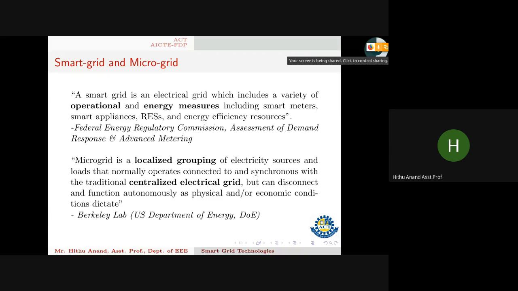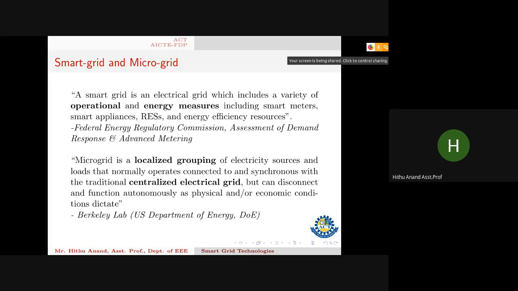So when we compare the smart grid and microgrid, the smart grid has a variety of operational states. As the smart grid features increase, we will have a lot of constraints. So your optimal power flow problems will have so many constraints that it becomes very difficult to solve using conventional mathematical methods.